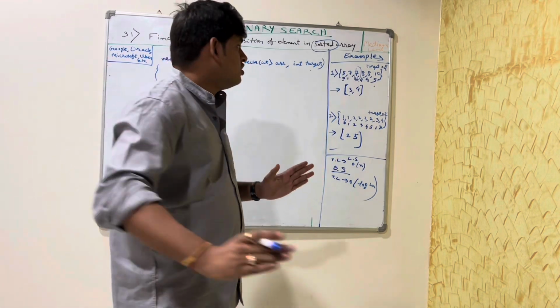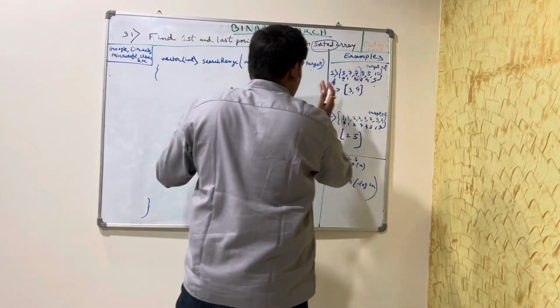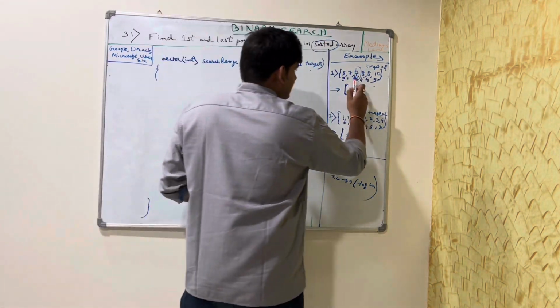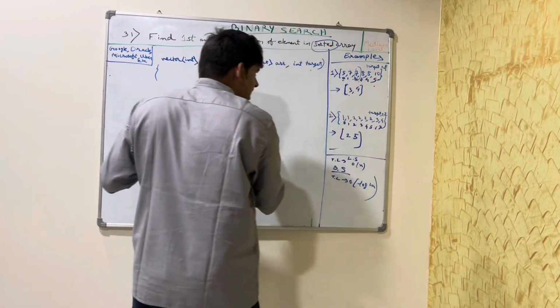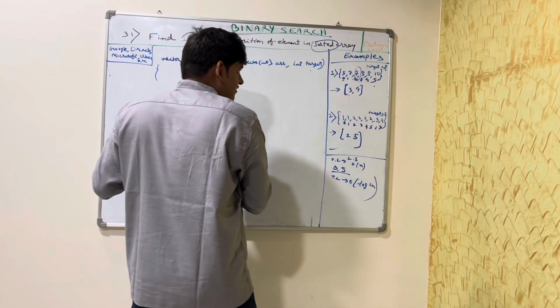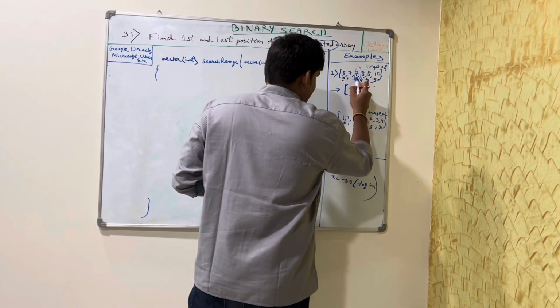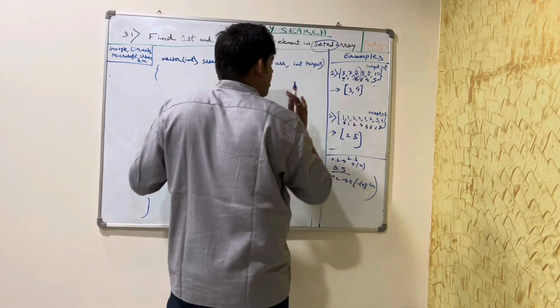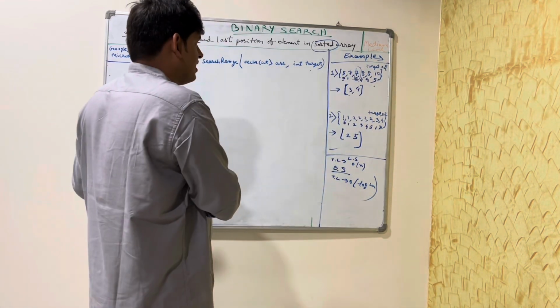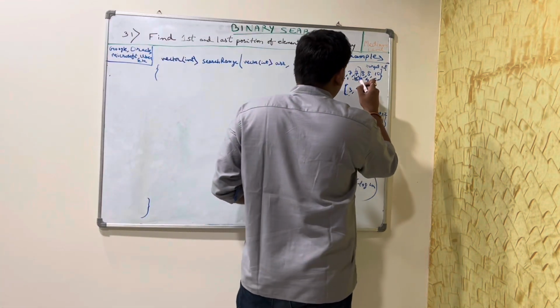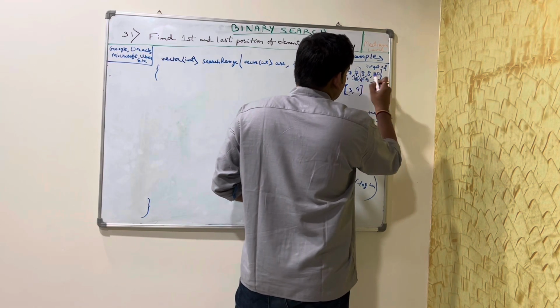So we remove all the leftmost part, because if this element is lesser than 8, then all the elements to the left of it are also lesser than the target element. So we eliminate the left part, and our search will start from 8 to 10.